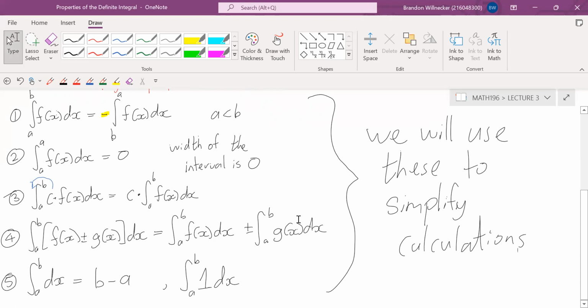If we have some integral with the sum of 2 functions, then we can split that problem up into 2 smaller problems. Then we do the integral for the first one, plus or minus the integral for the second one. So we can split our problems up like that. And these other properties are used quite a lot as well.